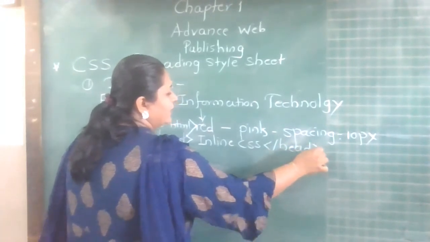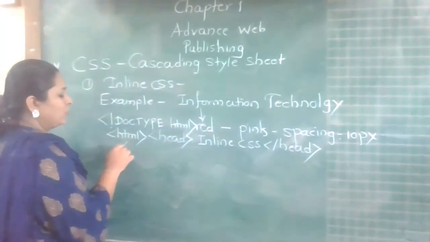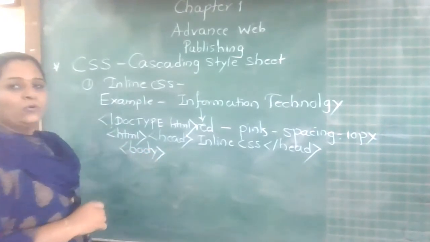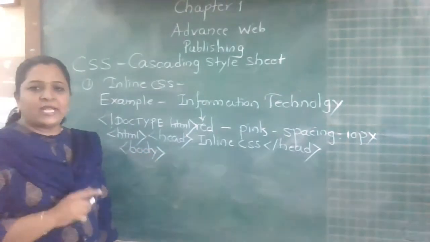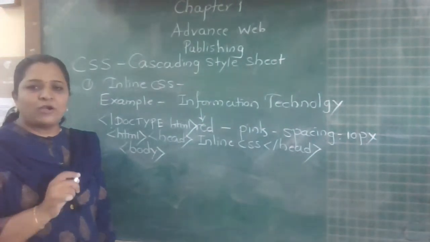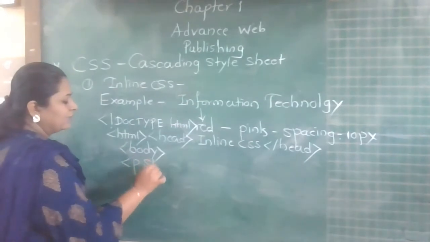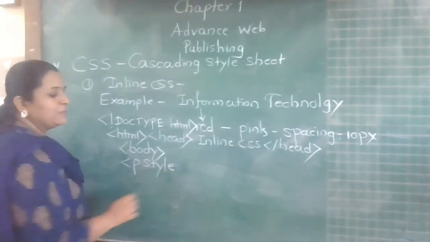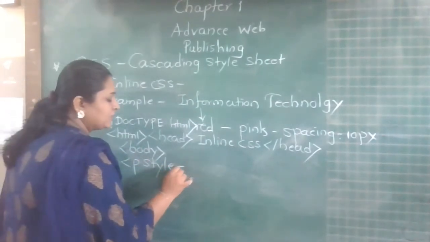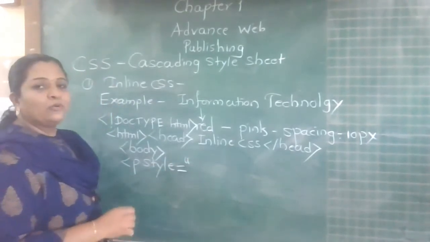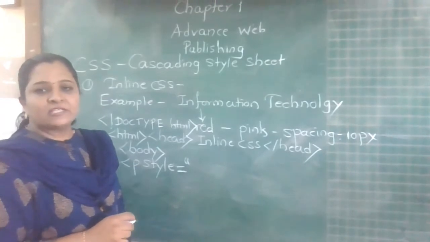You can write the title and slash title also, then start with your body tag. Remember the first rule, that it is always used within body and slash body. So I will use the second rule, that is p style. P style is equal to, in double quotation, you write the properties and their values.